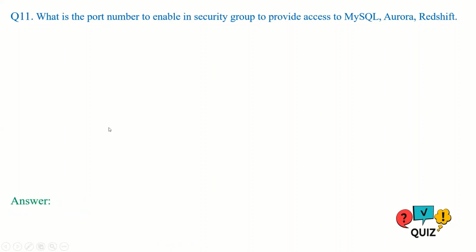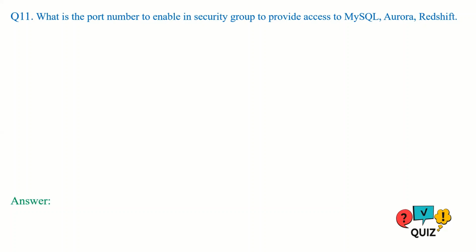All right. The next one is, what is the port number to enable in the security group to provide access to MySQL, Aurora, and Redshift? While creating the database instance, we need to enable the port numbers. Only then will we be able to connect to that particular database instance. 3306?